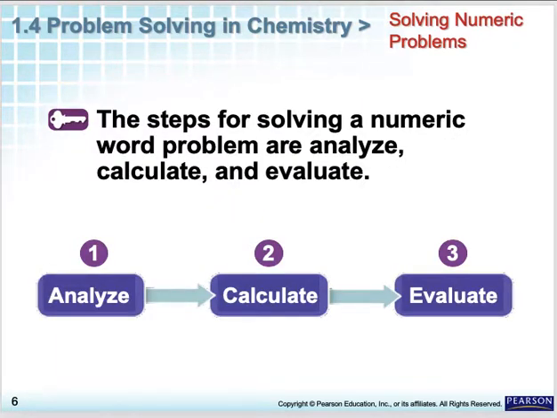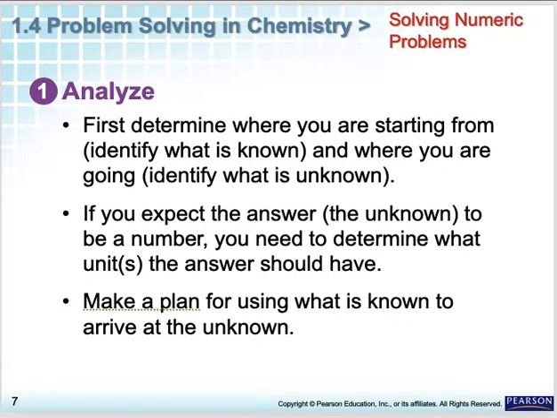So first we have to analyze what we have. We have to figure out what we're given and what we want to find. And then we get a plan to go from what we're given to what we want to find. Then we calculate, and finally we look at it again to make sure that that answer makes sense. So when we analyze, we're going to determine what we are given and what we need to find out.